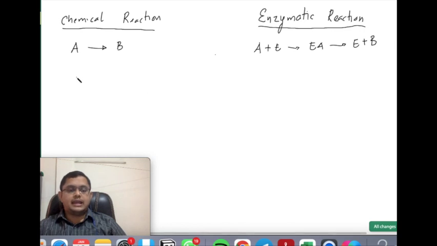So how do we calculate the rate of reaction R for a chemical reaction? If I want to calculate R, I should know the correlation between your substrate and product. For that, you draw a graph.